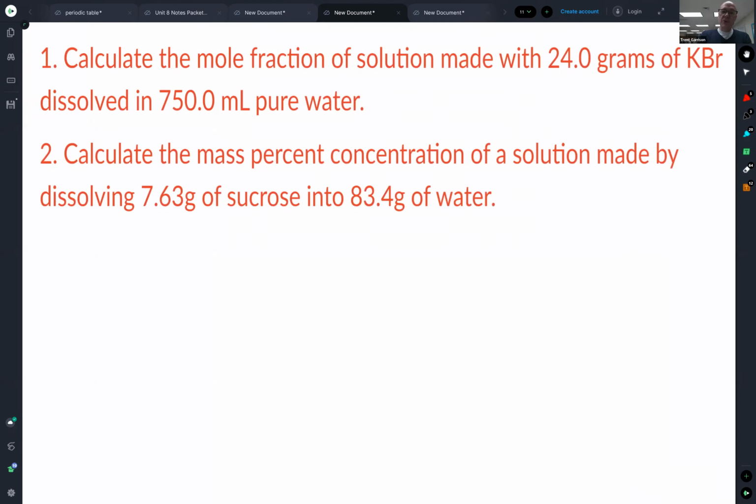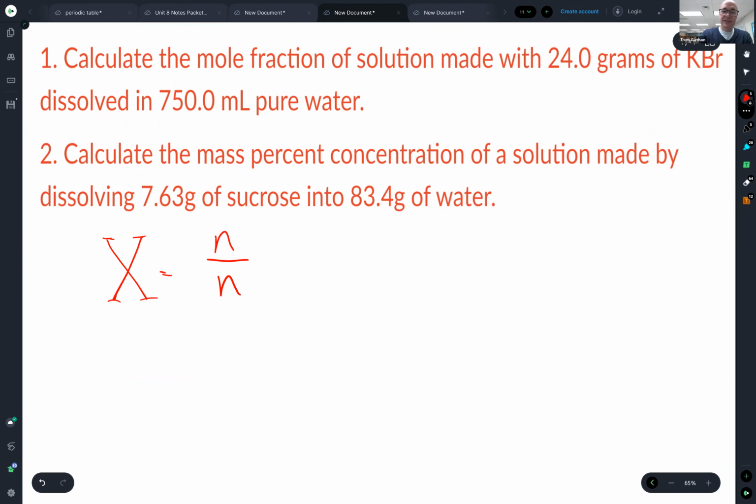So first off, we need to know what the formula for mole fraction is. The symbol for mole fraction is a capital X. So sometimes you'll see that they put the little brackets on top. And you can't just put moles over moles because you don't know which it is.